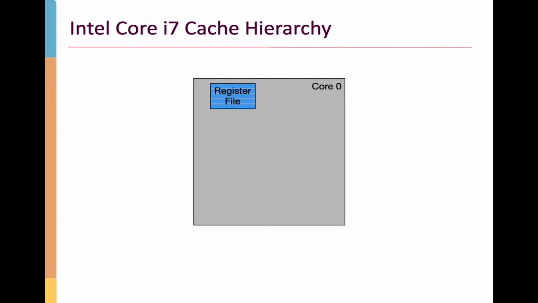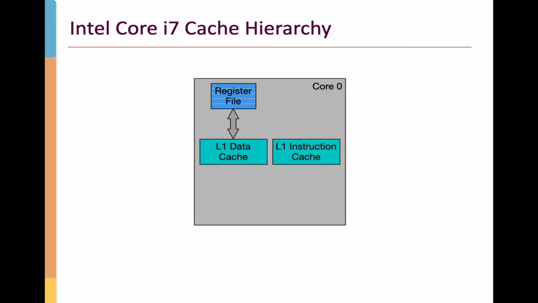So to start with, let's look at an individual core. The i7 can have multiple cores, but we'll just think about one to start with. So of course we have the register file. Got to have registers for the ALU to talk to. And the register file is going to refer to memory by way of a level 1 or an L1 cache. And what we see in this architecture is that we have 2 L1 caches, one for data and one for instructions.